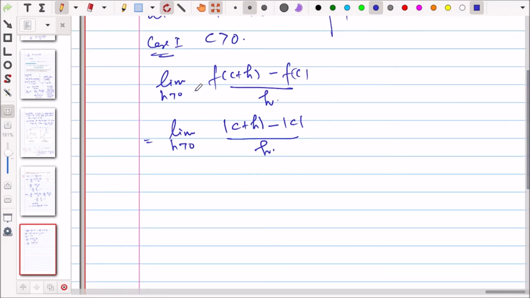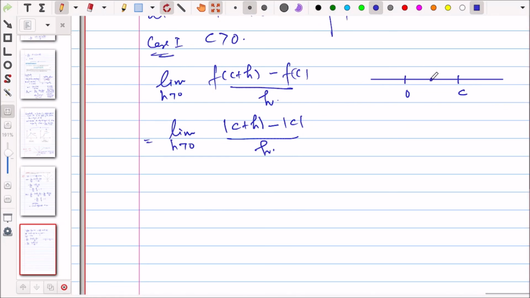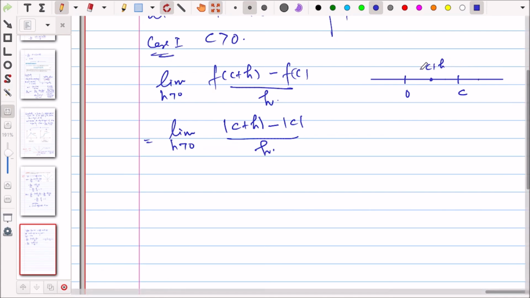Now because we are taking h to be tending to 0, we can consider h to be very small. So here is our 0, here is our c which is greater than 0. c plus h can be on this side or on that side, so basically c plus h lies in this region. Even if h is negative, because we are not considering h to be positive, we are taking both limits together, c plus h will lie between these two, because h is tending to 0.